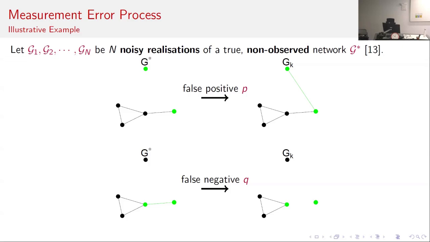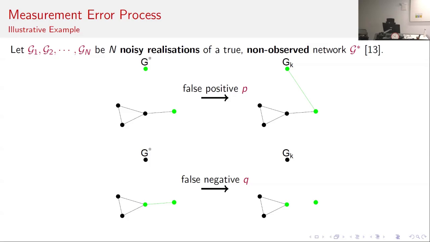Yeah, so we have this G star network, which is latent. I will describe in the next slides how we model this G star as well. And given that there is no edge between the two nodes in green here, there's also the probability P of observing an edge in the network data that comprise the network population. So this indicates the case where we falsely observe an edge in the network data.